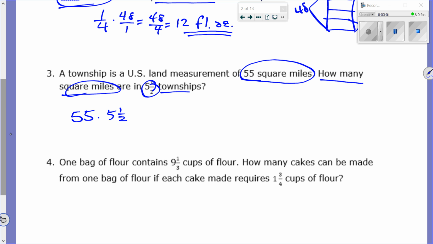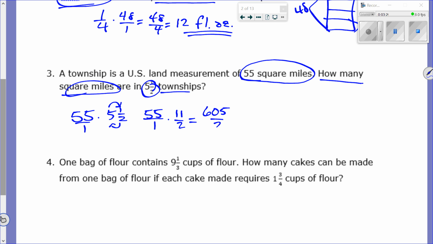Well, I can't do that, so I need to slam dunk. Turn that into an improper fraction, and my whole number, to get a fraction, I just put it over 1. 2 times 5 is 10, plus 1 is 11. Unfortunately, I don't have any reductions I can do on this one, so I'm just going to have to do the math. 11 times 5 is going to give me 605.